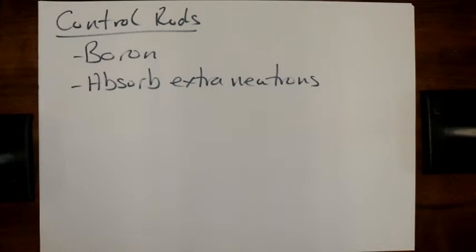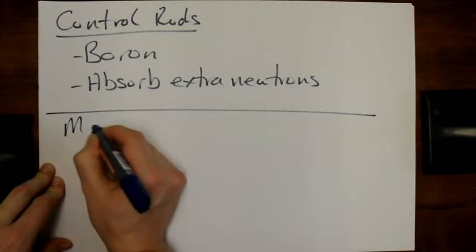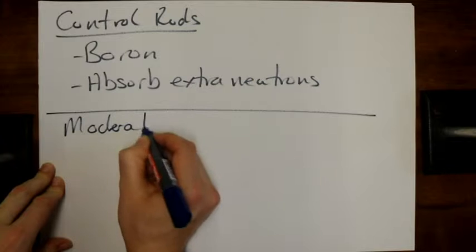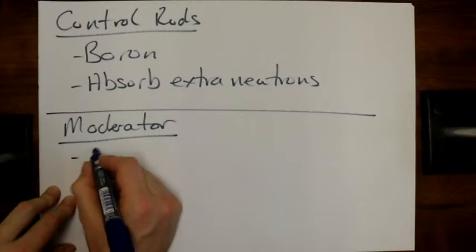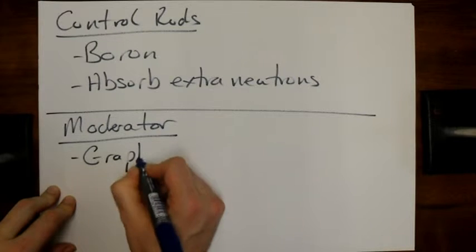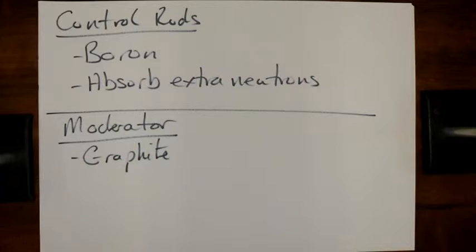happening. The other thing that controls that reaction is the moderator. It can be made out of graphite. It can also be made out of heavy water, but graphite is used.